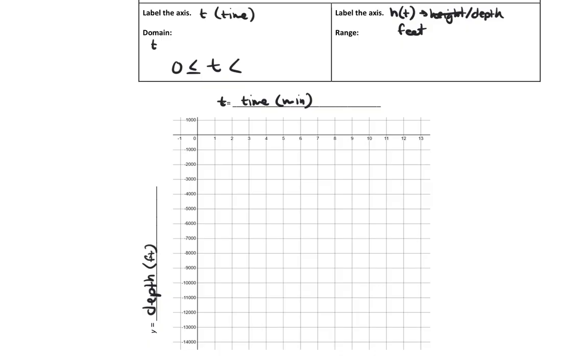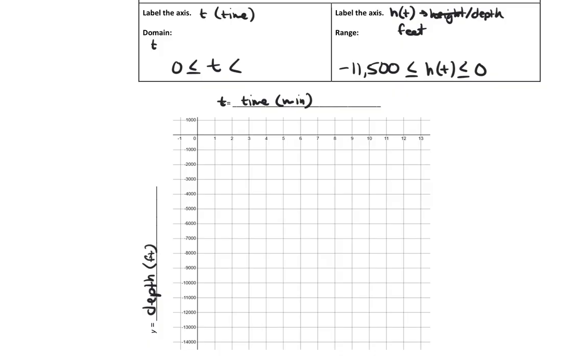And the range, right, we're starting at negative 11,500, and we are rising, right? We have h of t. So we can't go above the ocean surface, so we're just going to go to 0. Okay, so we have our domain and our range, sort of. I still need to find out what my t value is for when we hit the surface.